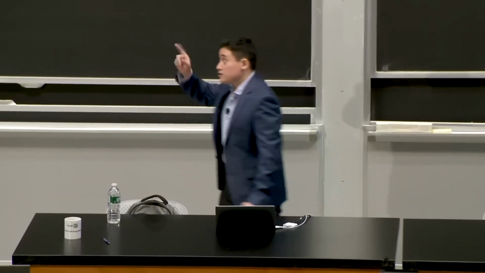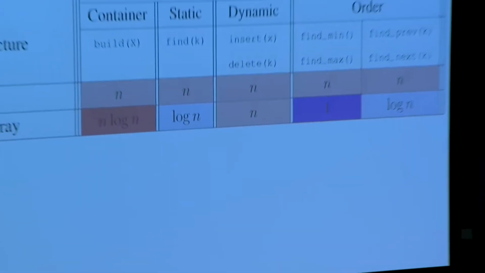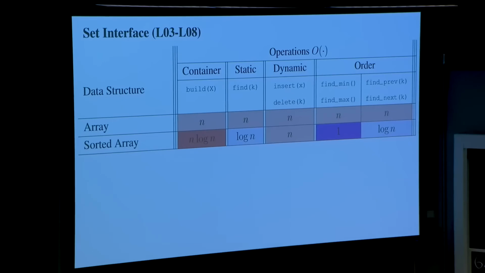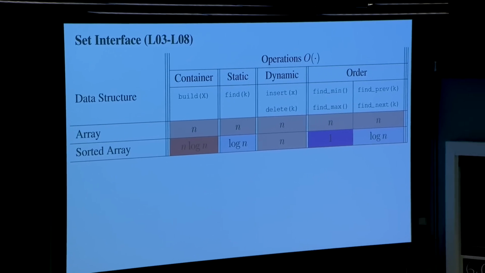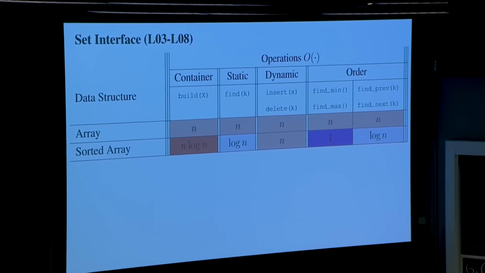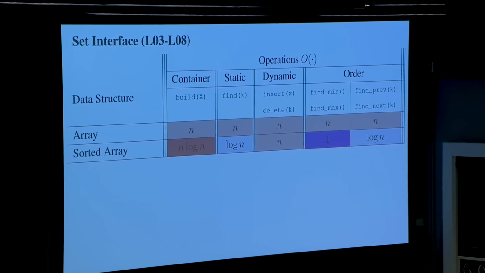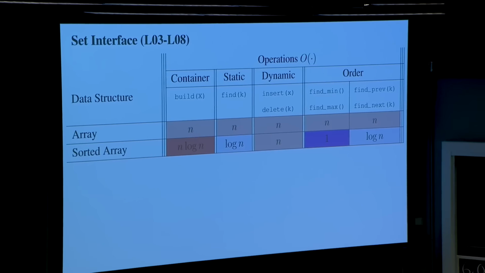So on Tuesday, you saw two ways of implementing the set interface. One using just an unsorted array. I threw these things in an array, and I could do a linear scan of my items to support basically any of these operations. It's a little exercise you can go through. I think they show it to you in the recitation notes, but if you'd like to implement it for yourself, that's fine.